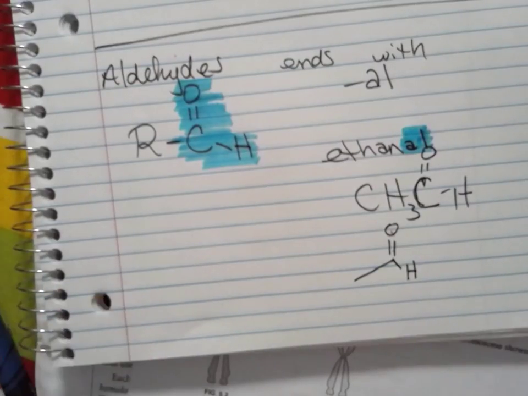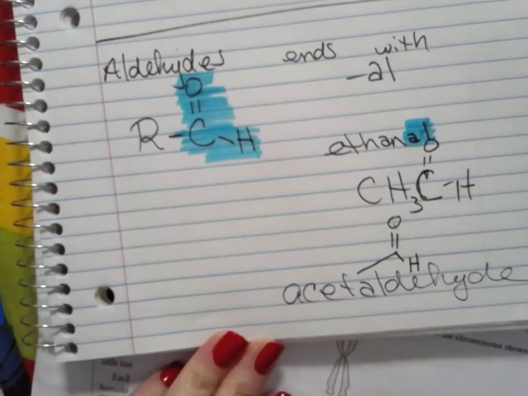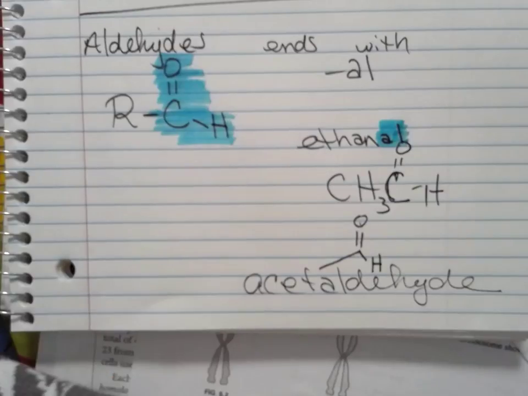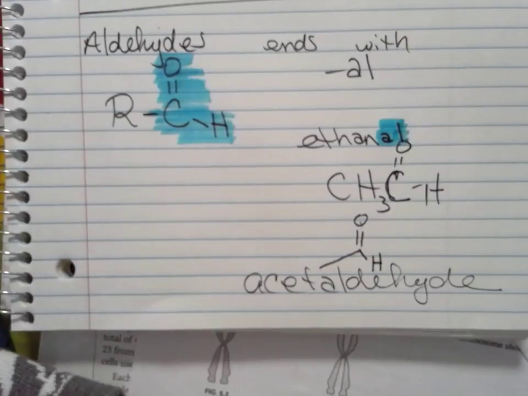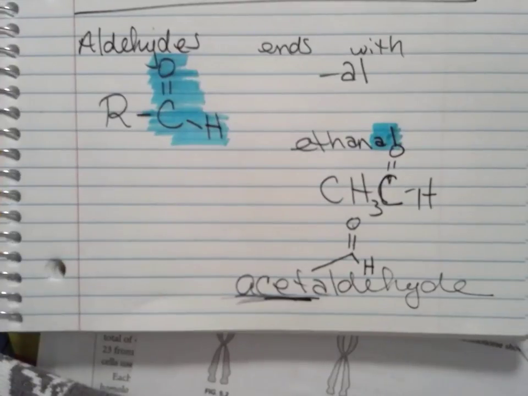Now, notice that it is also called acetaldehyde. Remember that long before IUPAC came along and long before we became a world economy, people had their own names for things. And there are some things that are just such a common part of our vocabulary, like this acid prefix here, like acetic acid.